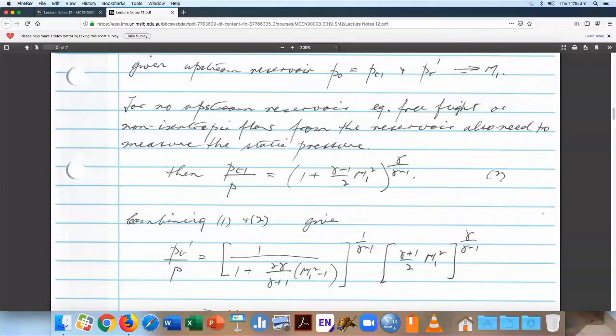So what I need to do for this supersonic fighter aircraft is measure the total pressure with one probe, and I measure the static pressure with another probe, and I then have to measure the total temperature, and from the total temperature I then get the speed of sound A, given the Mach number.